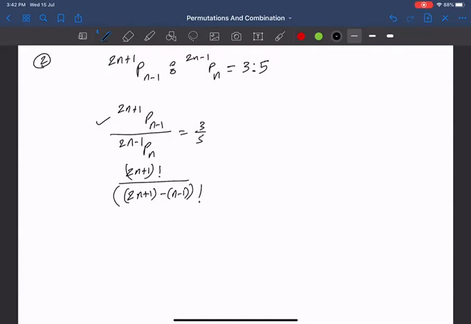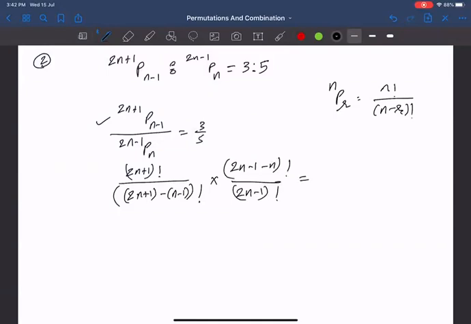That's the numerator. n minus r, do you remember this? nPr is nothing but n factorial over n minus r factorial. Multiply by the denominator, which will be 2n minus 1 factorial, and the numerator will become 2n minus 1 minus n factorial. That's equal to 3 upon 5. So let us arrange 2n plus 1 factorial upon, what will this become? Once you open the bracket, this will become n plus 2 factorial, and this is nothing but n minus 1 factorial, and this is nothing but 2n minus 1 factorial.